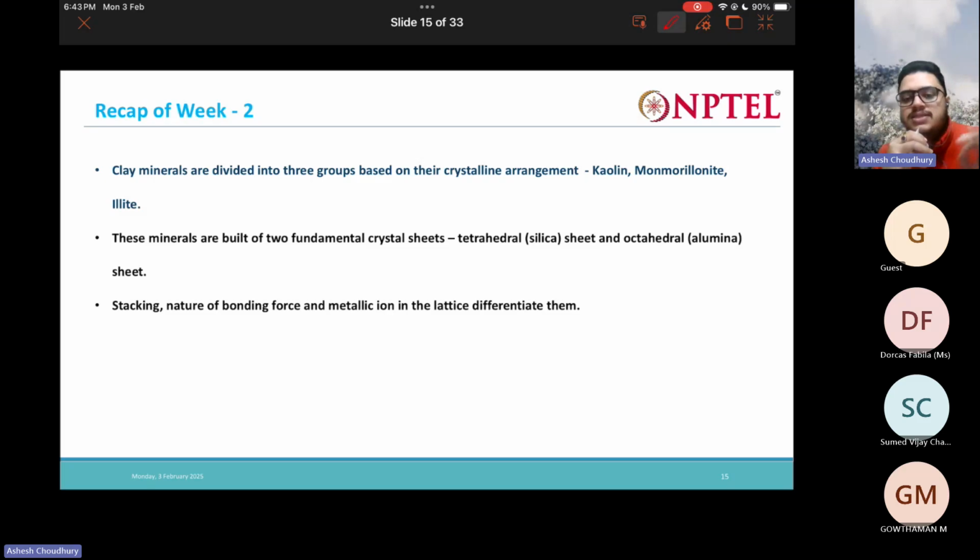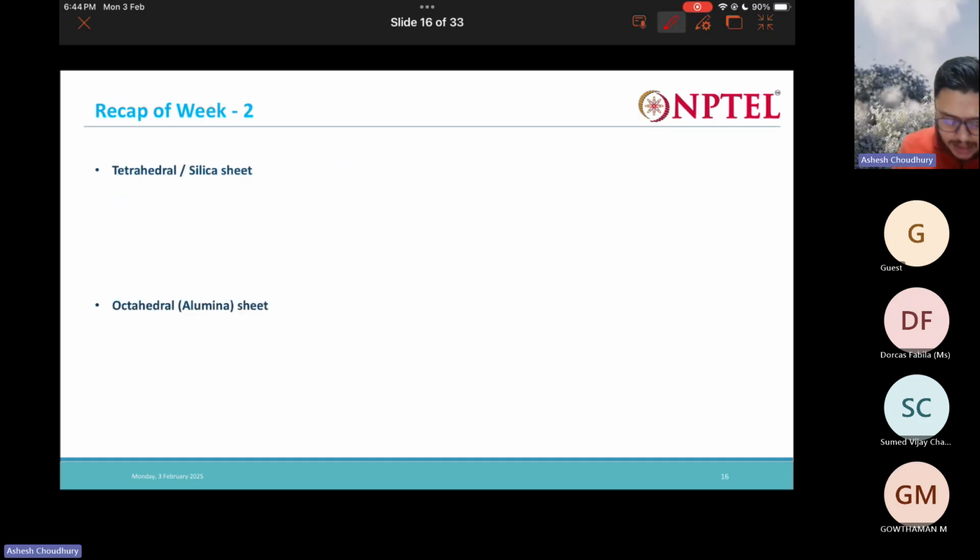In the silica sheet we have an arrangement like this: four oxygens outside and, at the center, one silicon. This is how the tetrahedral silica sheet actually looks.